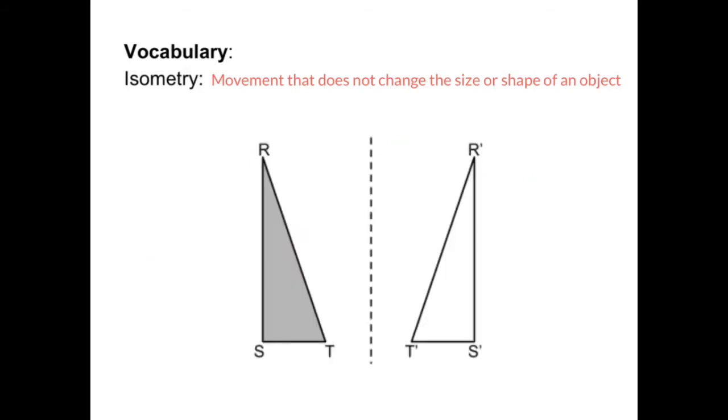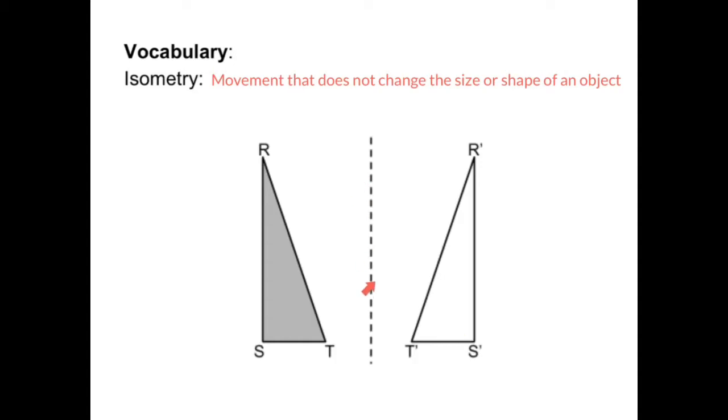The other use for these primes is that you can see which one was the original image and how it changes to the new image. So RST is our original triangle, and now we have R prime, S prime, T prime. If you notice, it looks like this could be a right angle on the left-hand side, but over here it's on the right-hand side.